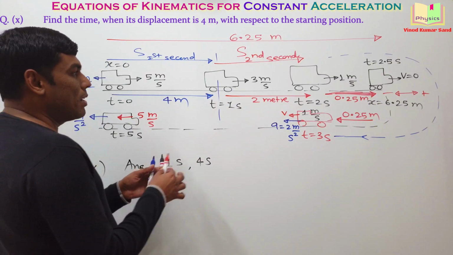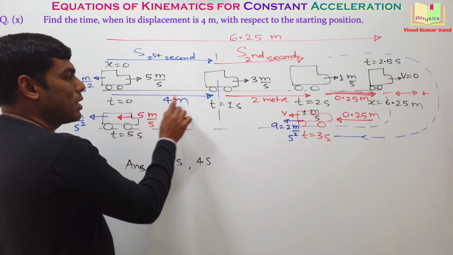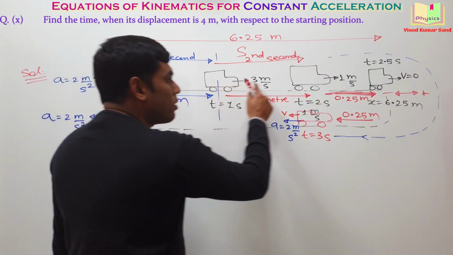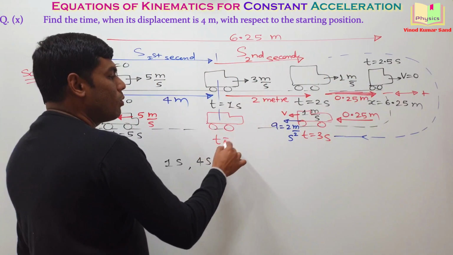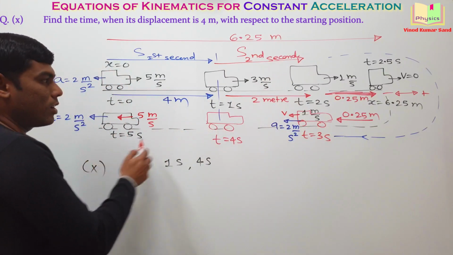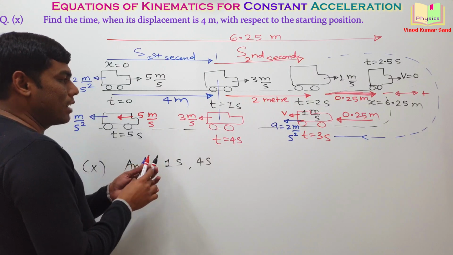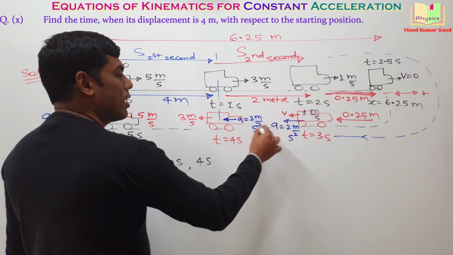The motion is symmetric. At t is equal to 1 second, it is having a displacement of positive 4 meter with respect to the origin. Then it will go there and then it will come back. t is equal to 4 second. Entire motion is symmetric. We had that talk. And its velocity will be like this. Acceleration is already constant, 2 meter per second square.